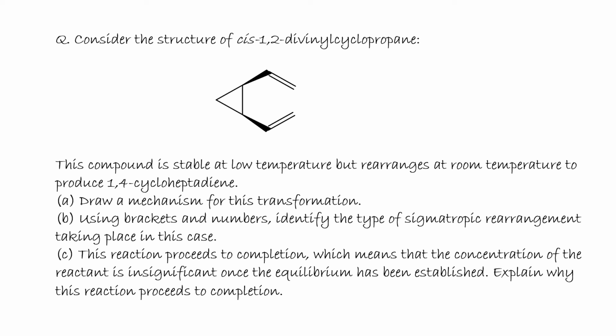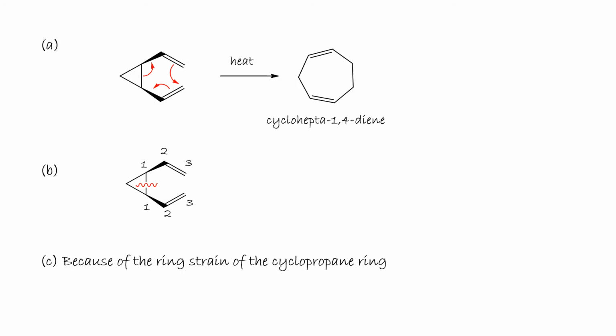Well, taking this compound under thermal conditions, we will break in here, electrons move in the transition state this way, breaking this one, forming a double bond, and forming cyclohepta-1,4-diene. The new diene is a 7-member ring, right? So the cutting in here, 1, 2, 3, 1, 2, 3, this is a [3,3] sigmatropic rearrangement.